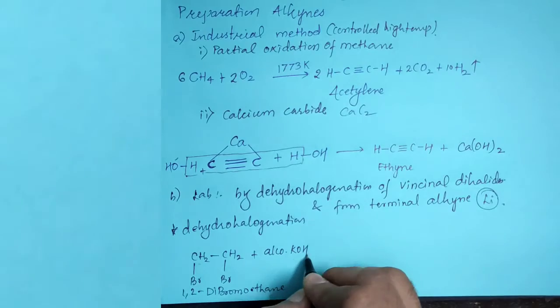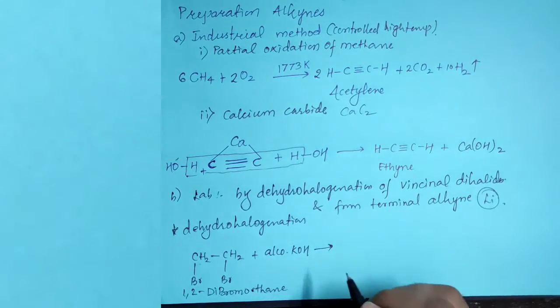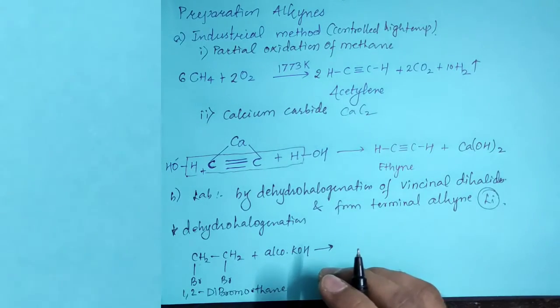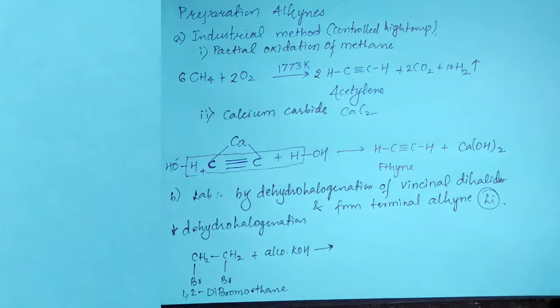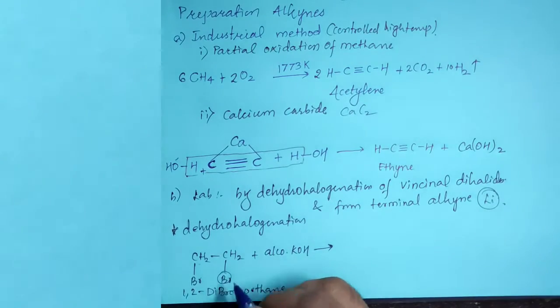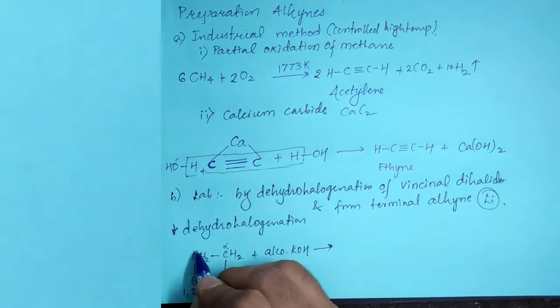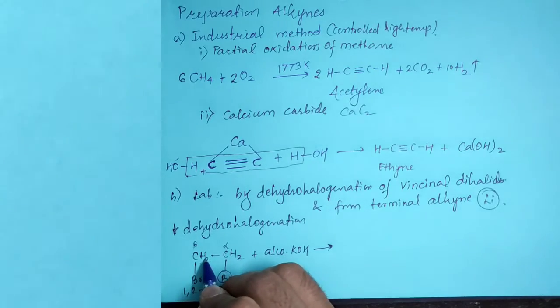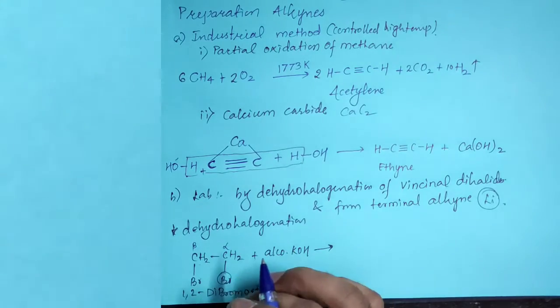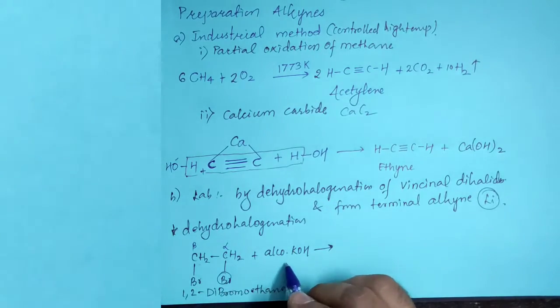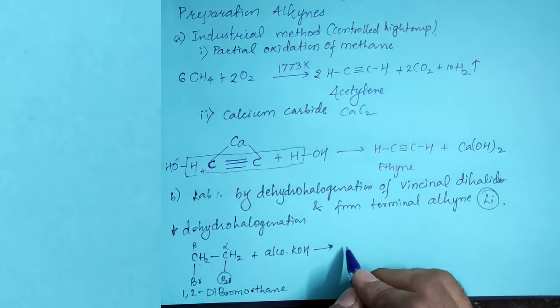Alcoholic potassium hydroxide is used for the elimination of the beta hydrogen and alpha hydrogen. The carbon atom to which the functional group is attached is said to be alpha, and next to alpha is beta. So the beta hydrogen is eliminated; it is also said to be a beta elimination reaction whenever you add alcoholic potassium hydroxide.